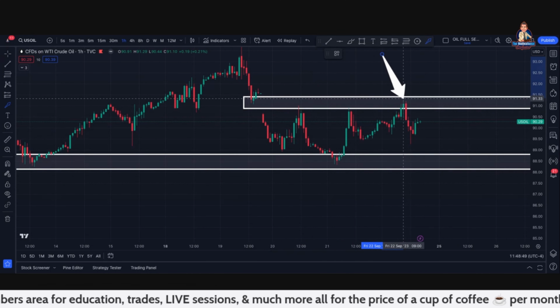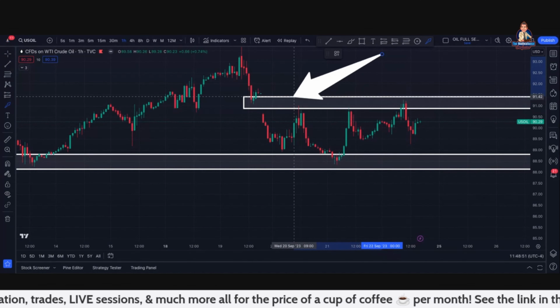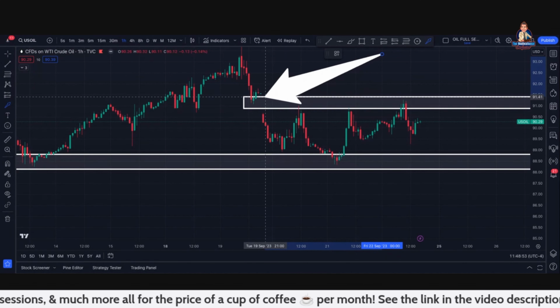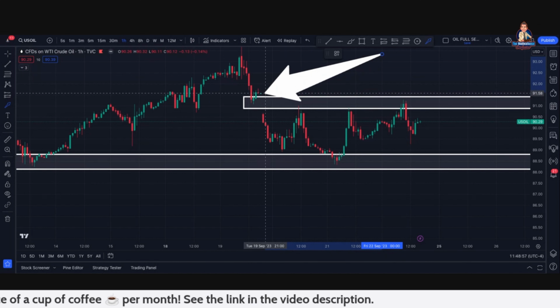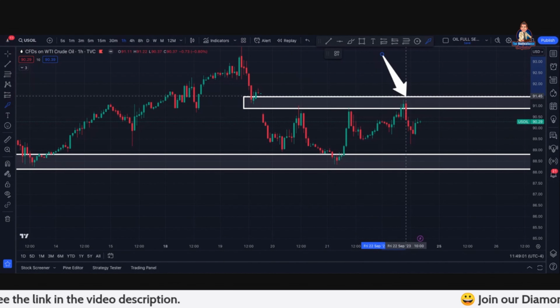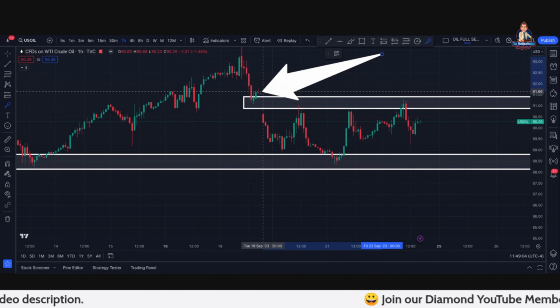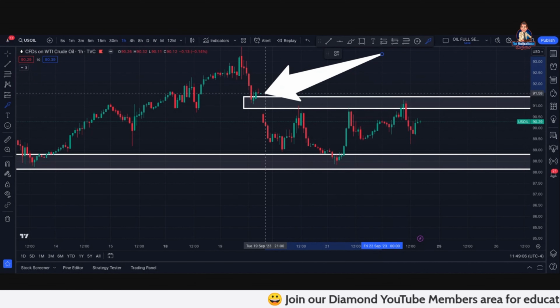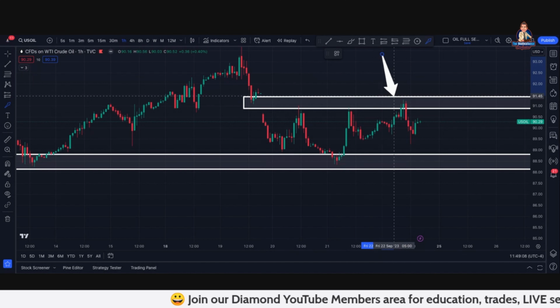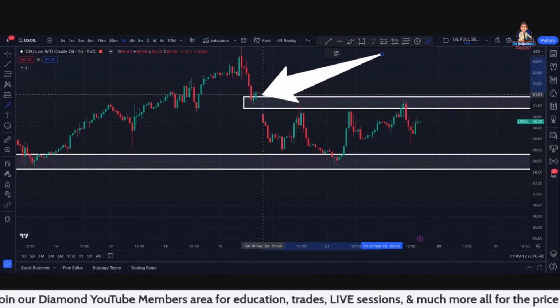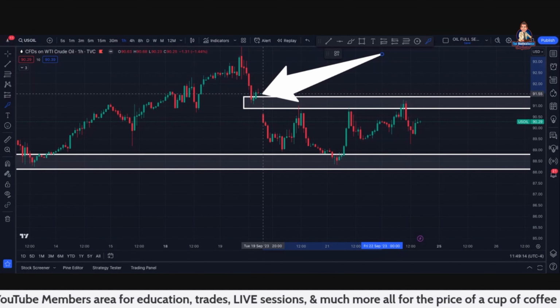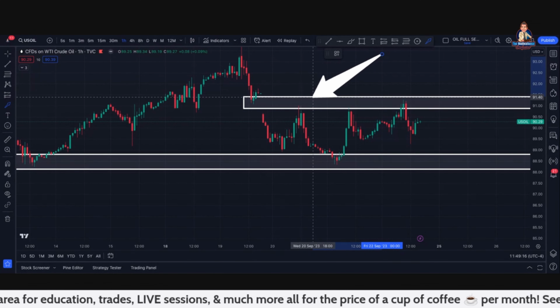We did come to this area right here, but if we look on this 1-hour candle, we can see that according to this TradingView chart, there is still a little bit of a gap that was created inside of TradingView. I'm not paying much attention to it because I don't rely on the TradingView charts. I rely on my broker charts for any gaps, but keep in mind that it appears to be a very small gap right in this section over here.